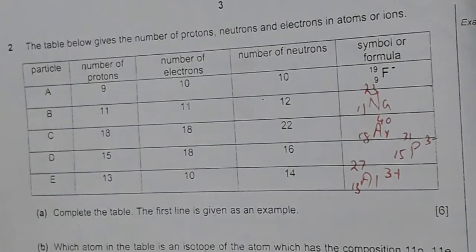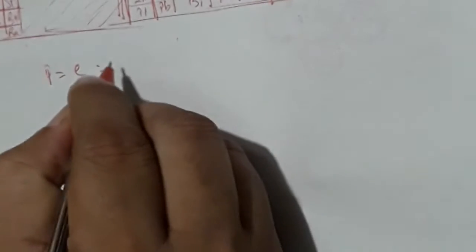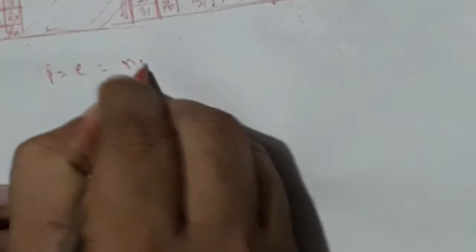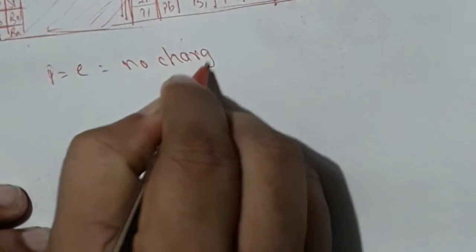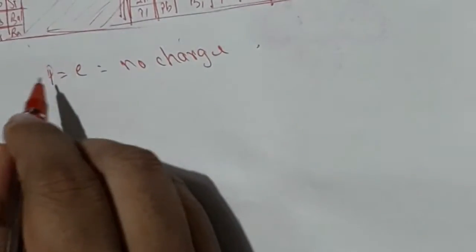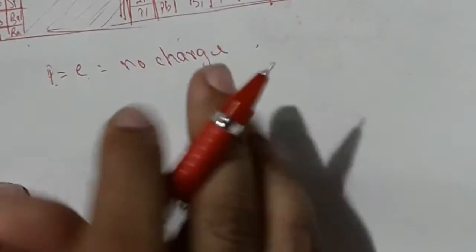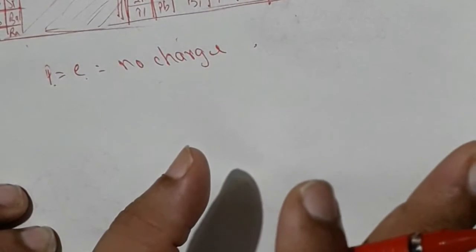Look here, if the number of protons and electrons are equal, they have no charge.